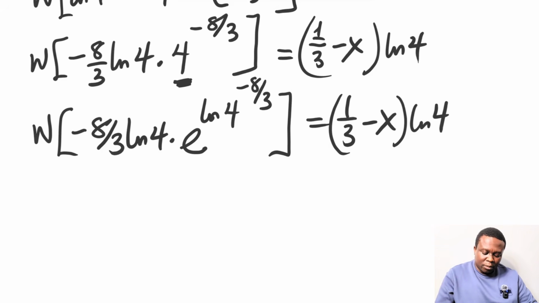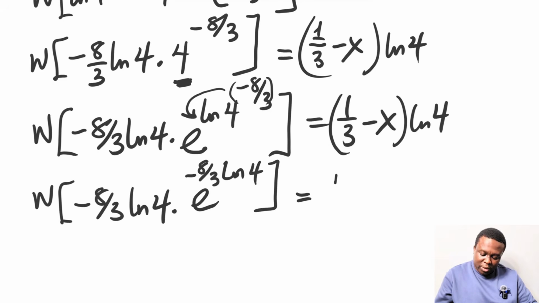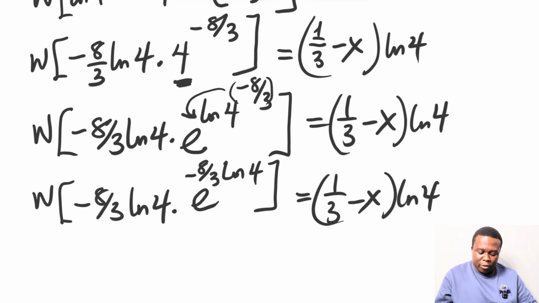Now, if we rewrite this, we have e raised to the power, this whole thing comes to the back, minus 8 over 3 ln 4, equals (1 over 3 minus x) ln of 4.